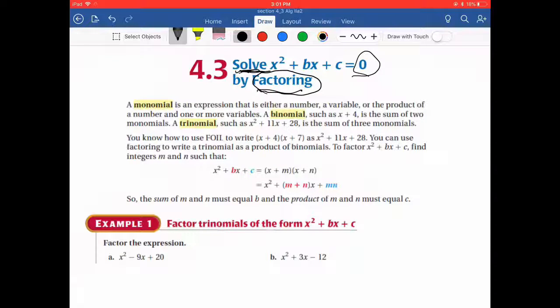The pieces of equations are things such as a monomial. You know, mono means one. A monomial could be something like 3x squared, or even 7xy to the third. But there's no operations, there's no plus or minus in there. A binomial has two terms.